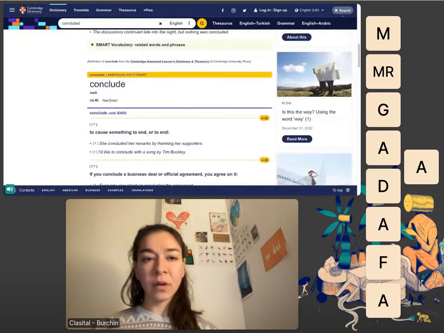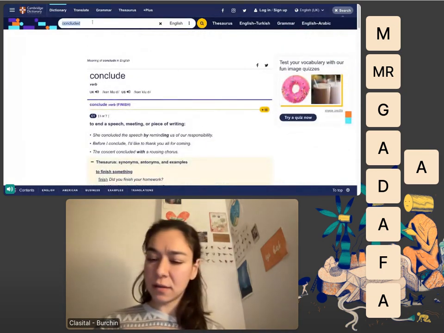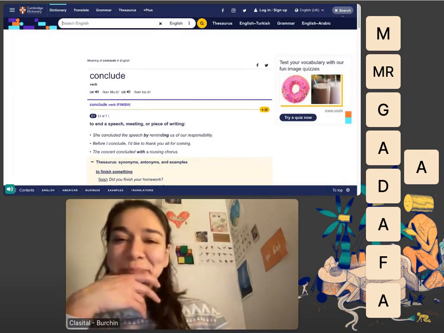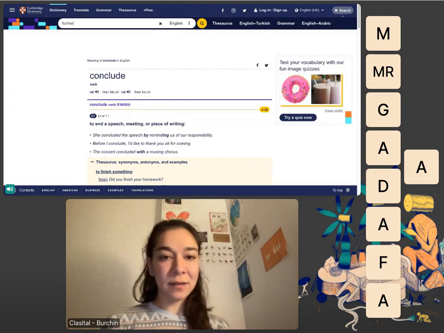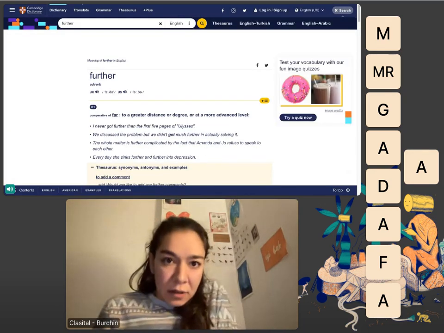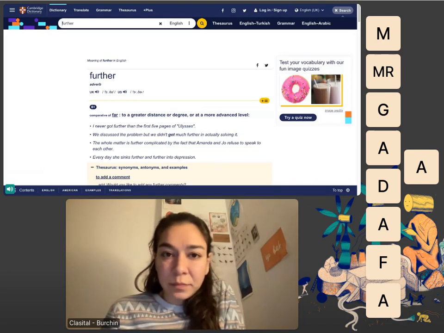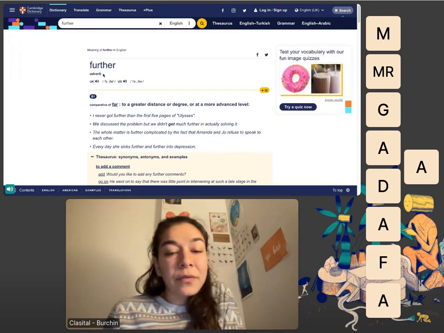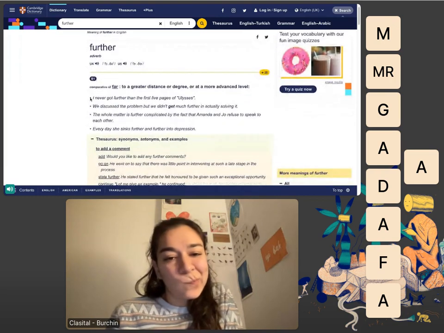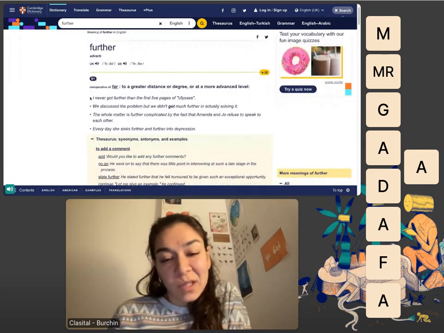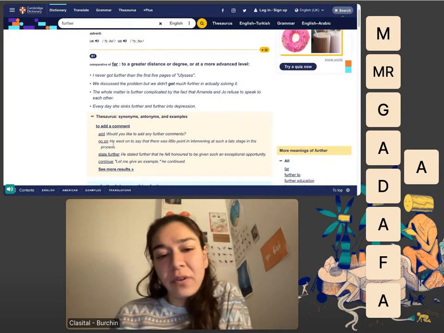And further is an adverb, maybe. In the further stages.